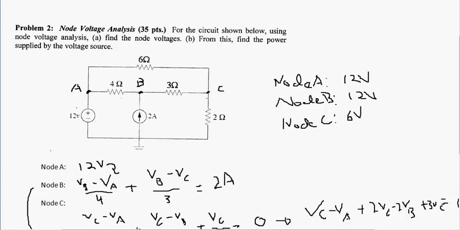We know that the current going out from VA is VA minus VC divided by 6, plus VA minus VB over 4 ohms, and this equals the current going into VA, which is the current through the 12 volt voltage source.